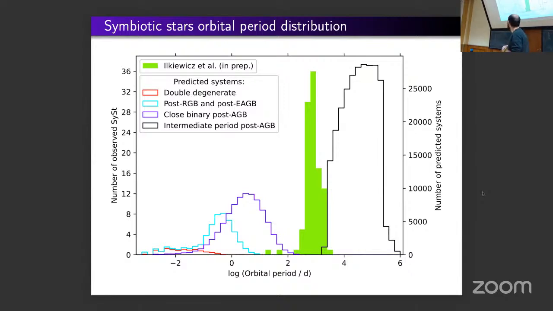the opposite is true. You can see here the green area is the orbital period distribution of symbiotic stars. And the other lines are various predictions of systems with white dwarfs. And as you can see, symbiotic stars are right where we don't expect any systems with white dwarfs from theory.